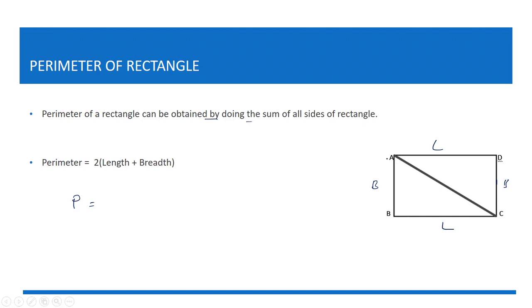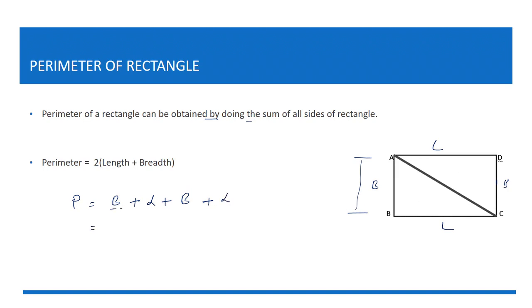Let us start from A. The distance from A to B is the breadth, plus B to C, which is the length, plus C to D, which is the breadth again, plus D to A, which is the length.